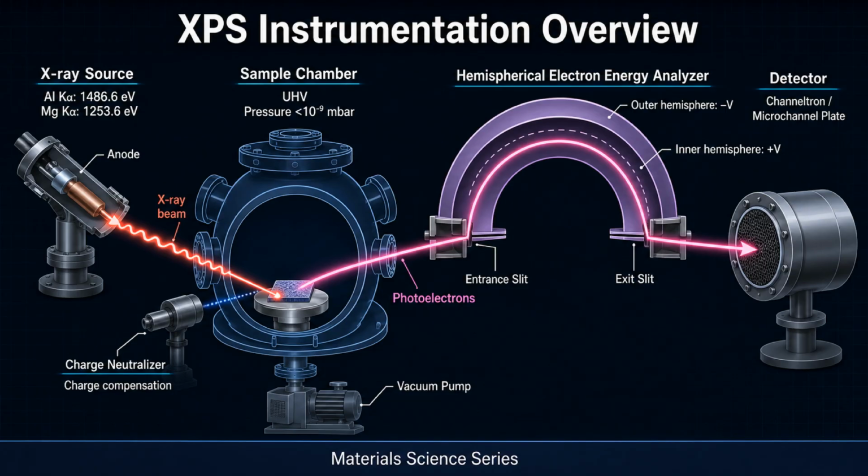The sample chamber must maintain pressures below 10 to the -9 millibar, mainly to keep the surface free of adsorbed contamination during the measurement, and also so photoelectrons reach the analyzer without being scattered by residual gas. Ejected photoelectrons travel through a hemispherical energy analyzer that separates them by kinetic energy before reaching the detector. Charge neutralizers compensate for sample charging in insulating materials.